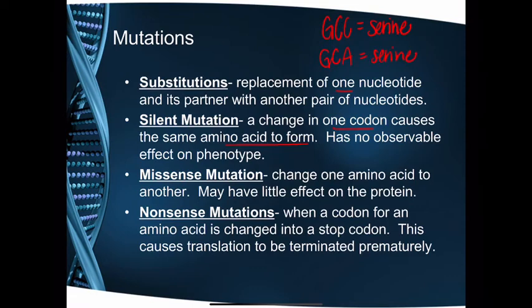Okay, you were supposed to make GCC, we'll say that was normal, but you had a mutation and your body made GCA. And so this is a silent mutation. You did have that change, but it resulted in the same thing. The same amino acid was formed. And so it has no effect on the phenotype. That's a silent mutation, okay?